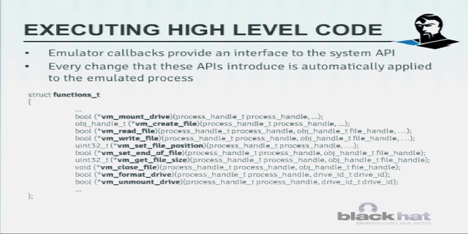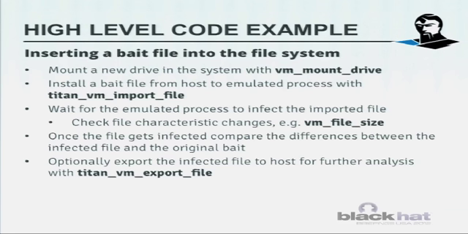You can create new files on the disk which the virus can infect. And here's the example of that. You can mount a new drive in the system with mount drive. So let's say I create a floppy drive on my system. And on the floppy drive, I just import the file from my host system. That's like a bait file or anything like that. I can even dynamically create it and put that on the floppy. Then I run the emulated process and wait for the virus to actually infect this.